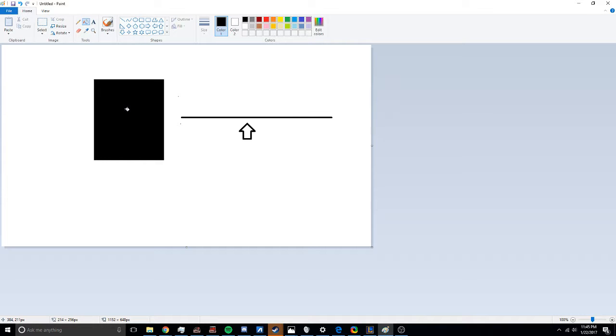Basically tons and tons of lines stacked on top of each other, or tons and tons of points going not only to the right and left, but also up and down.